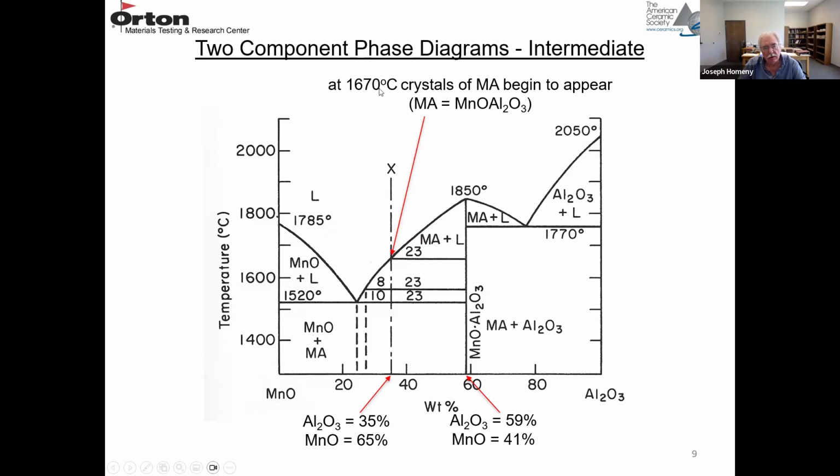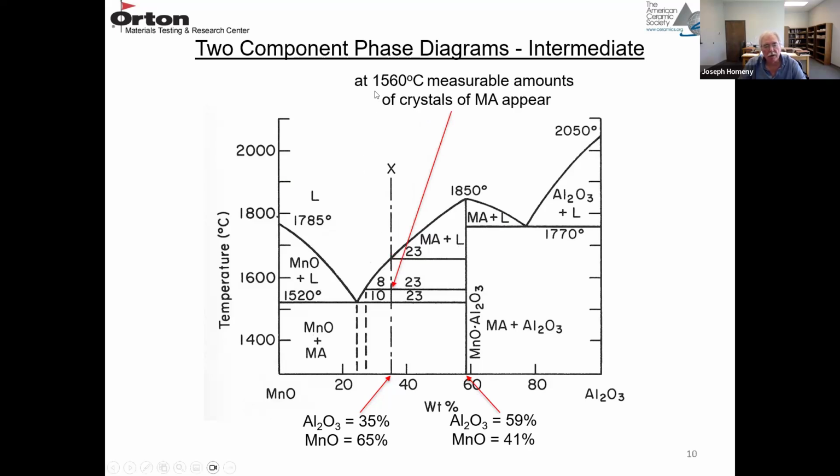So as we go below 1670, crystals of Ma begin to appear. And again, Ma is just MnO Al2O3. The crystals have this composition, it's always the same, 59% Al2O3 and 41% MnO. And the liquid has this composition right here, 35% Al2O3 and 65% MnO.